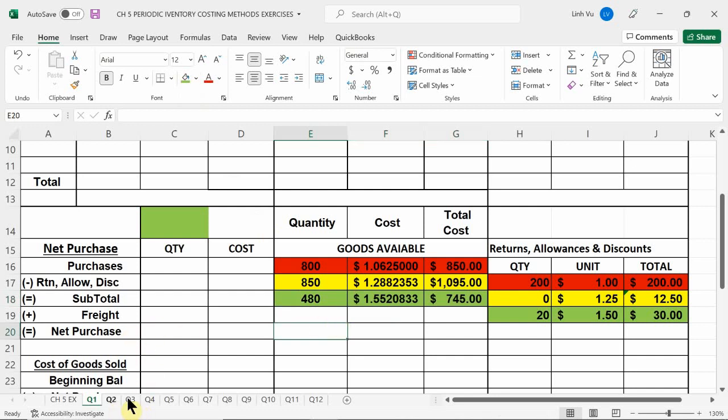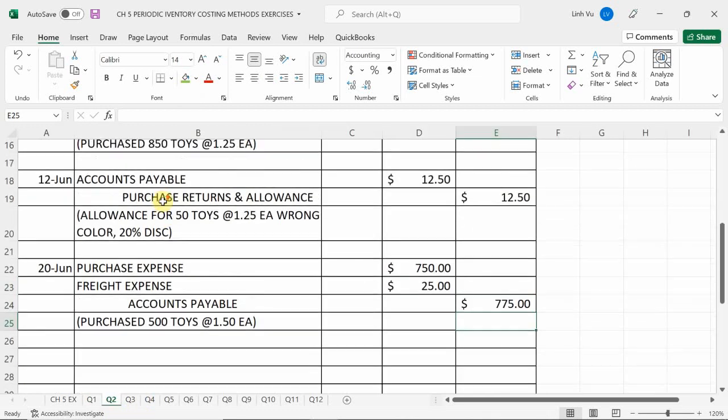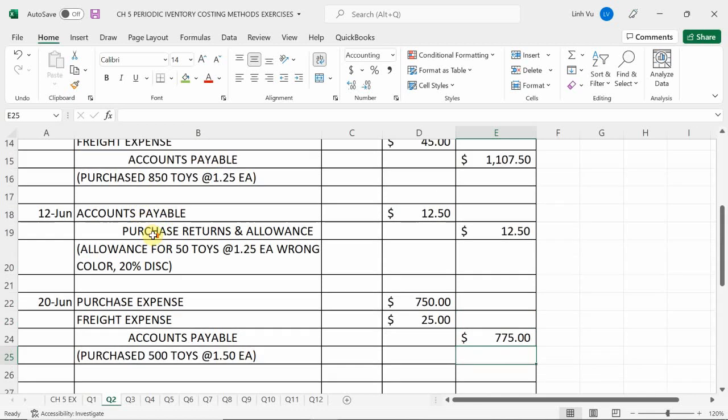So again, I need to journalize that I end up getting a $30 refund.